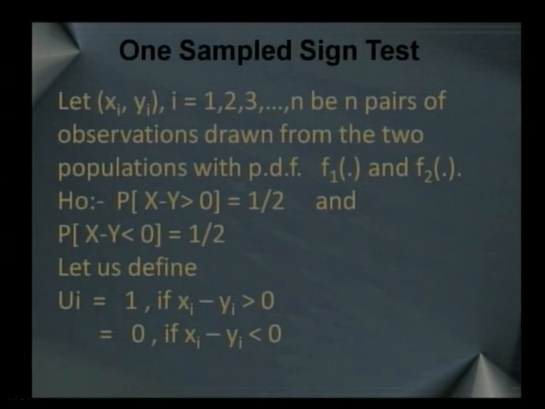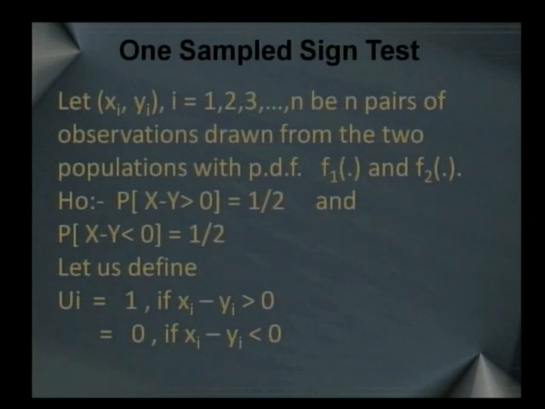So the chance of getting a positive sign will be 50% and the chance of getting a negative sign will be 50%. Our null hypothesis is that the chances of getting success and failure are equal.